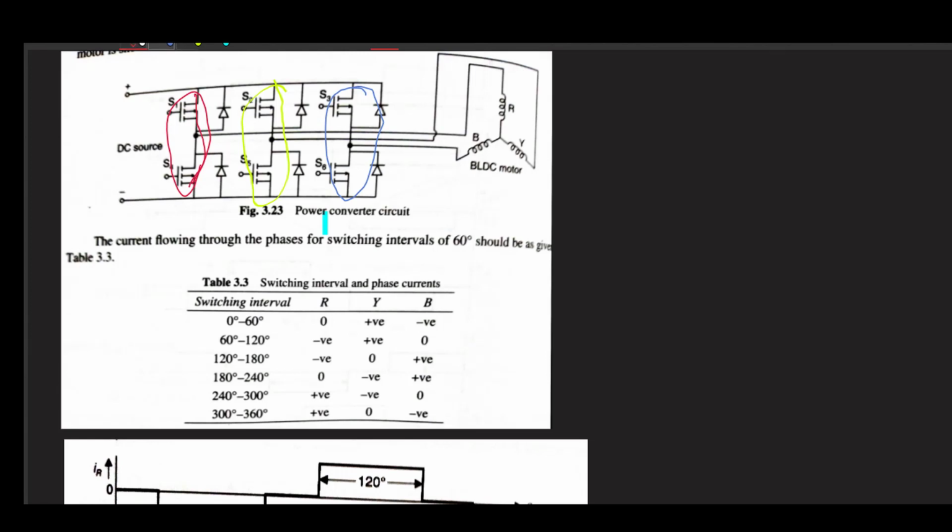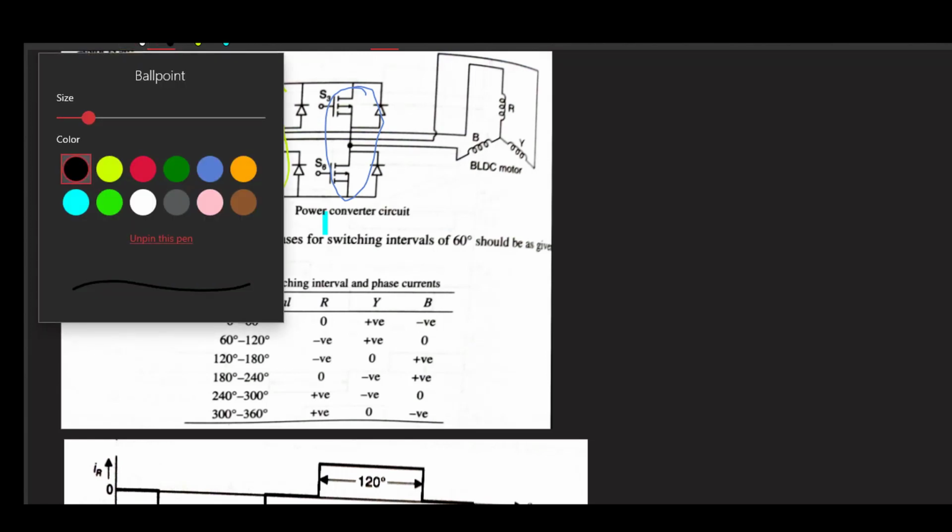So now let us see what is happening here. When we are at the first 0 to 60 degree, S1, S6 all are off. So what you are going to turn on at this instance, it is S3 and S6.